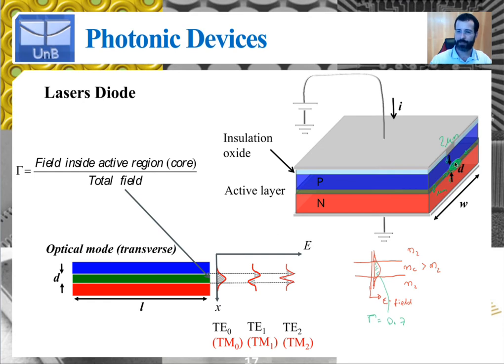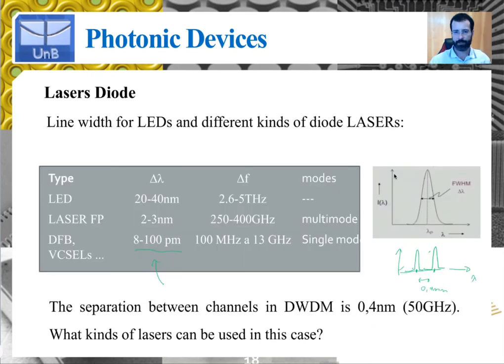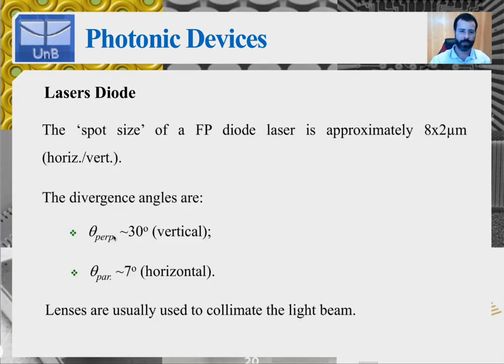So we expect that in the vertical direction the beam is going to diffract much more, because it's confined to a much smaller region, and in the lateral direction we would not expect diffraction to be so great, because 8 micrometers is greater than 2. And this corresponds to what actually happened, right?